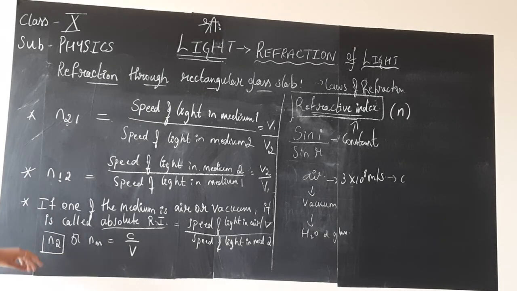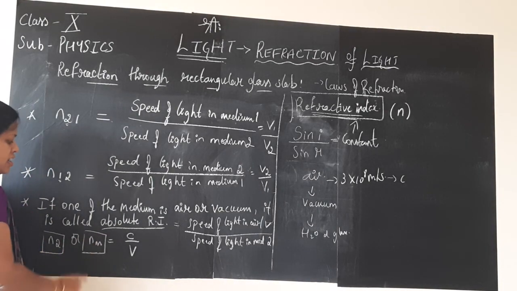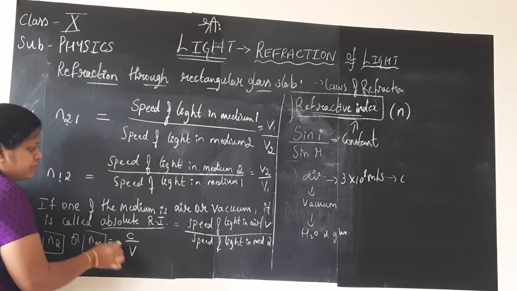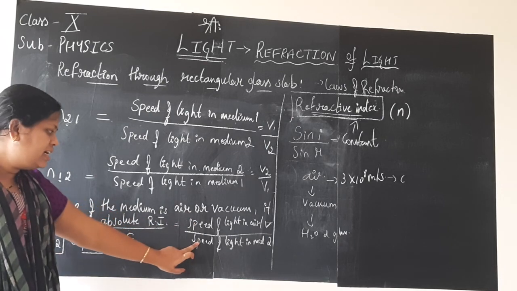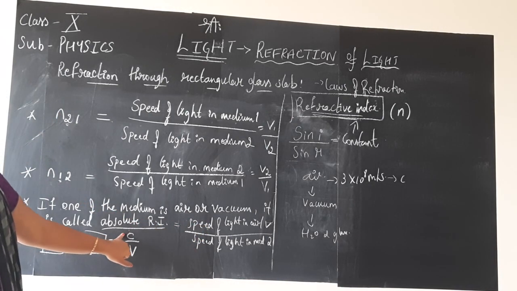Or absolute refractive index is also represented as nm, with respect to medium. So it is defined as the ratio of c by v. In the formula, children, speed of light in air or vacuum is represented by letter c.